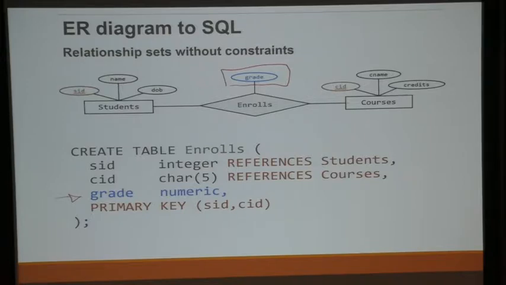So that's actually the simplest kind of relationship set that we can construct because we don't have any constraint. Once we introduce constraints, we may actually reduce the number of tables. But before that, let's look at how ternary relationships are captured.